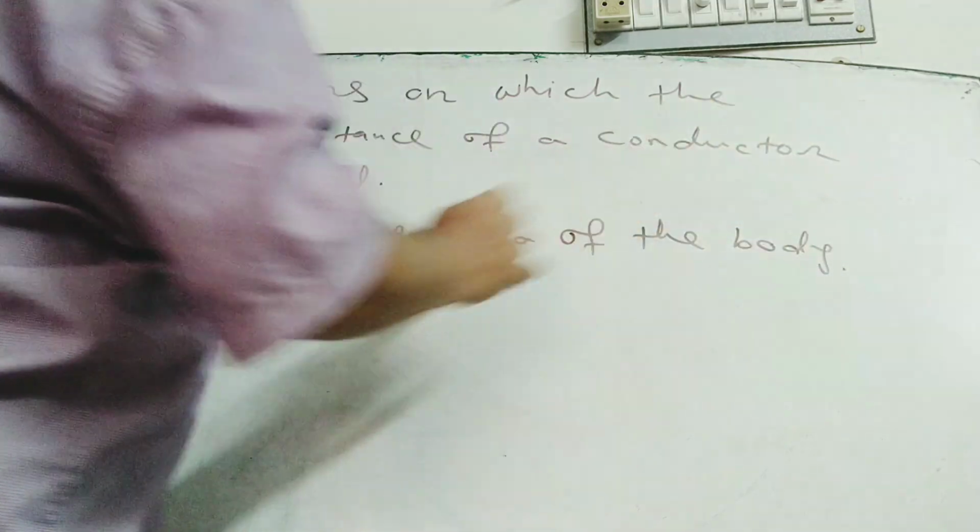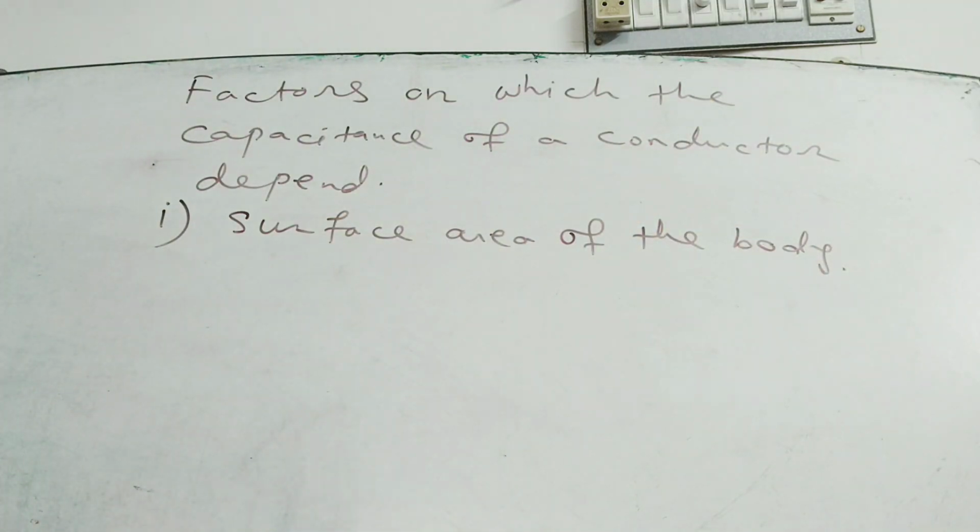When the surface area of the body increases, then the capacitance of the body also increases, because the charge of a body always lies on the outer surface area of the conductor.